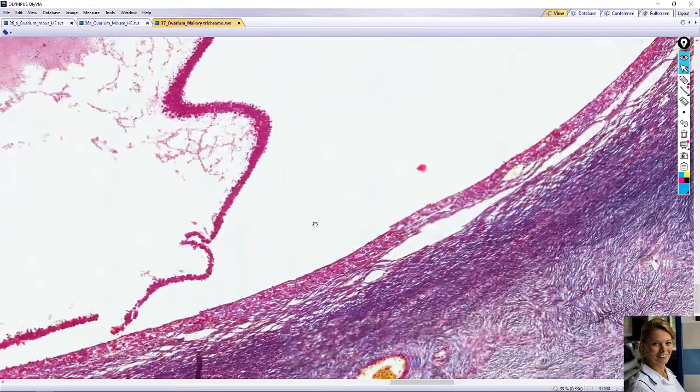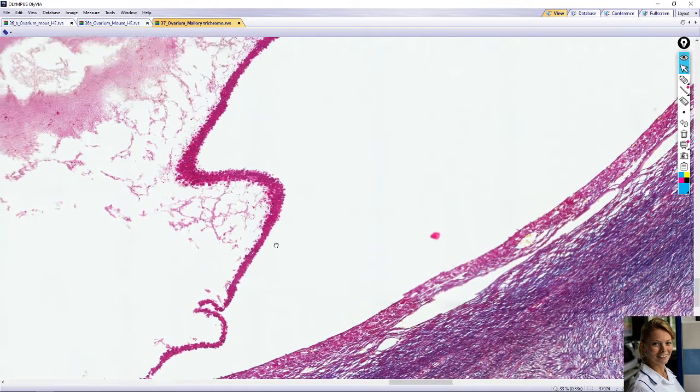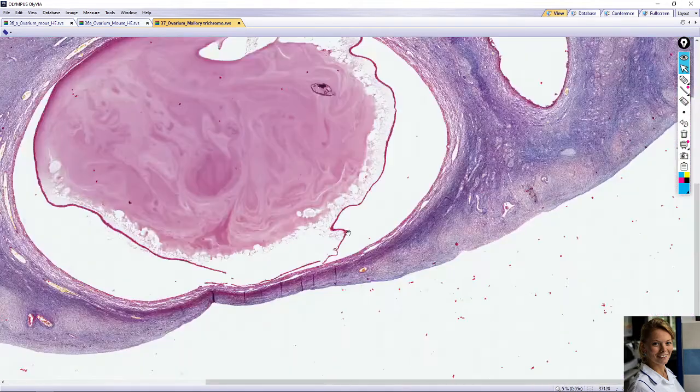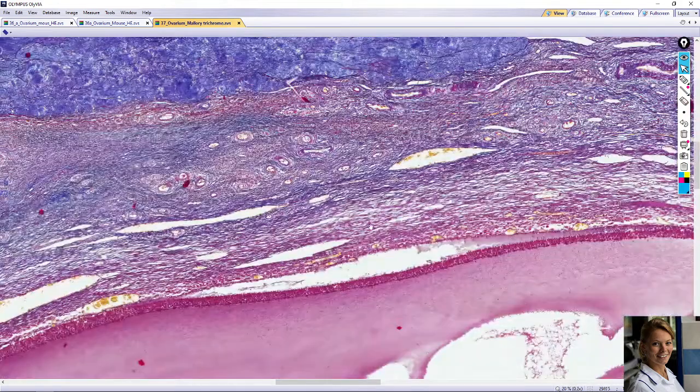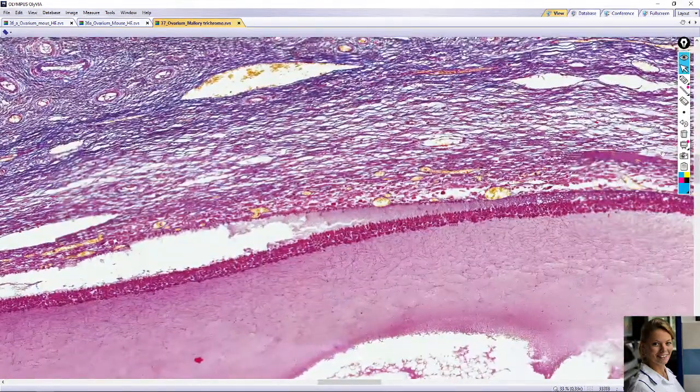The granulosa cells are visible here and here, and the theca interna, which contains blood vessels with erythrocytes. Here are yellowish erythrocytes inside the capillaries.